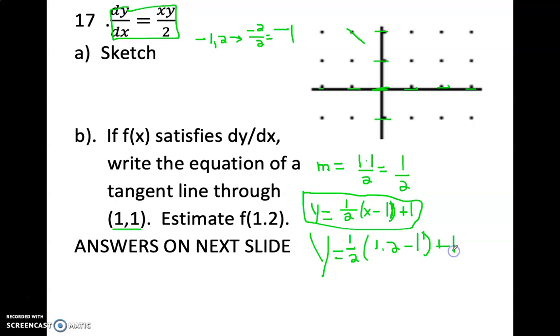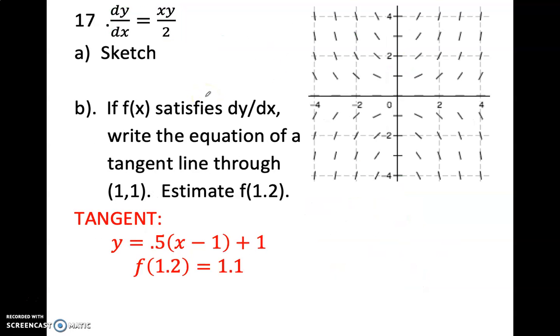That's going to give you an answer of 1.1. And that's that. So we can estimate the value of 1.2 at, what is it, 1, 1? Yeah, right here. Based off of its slope, we can estimate the value to be 1.1. Pretty neat. And I'll have the answers on the next page, and here they are. Oh my goodness, it's exactly what I talked about. Just a lot more points here that are pretty cool to look at.